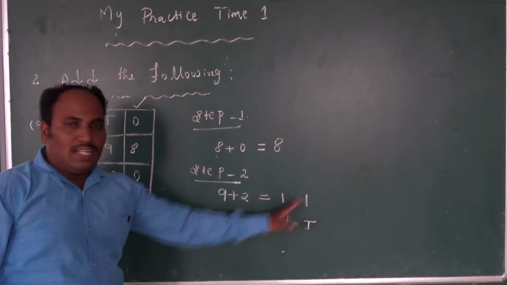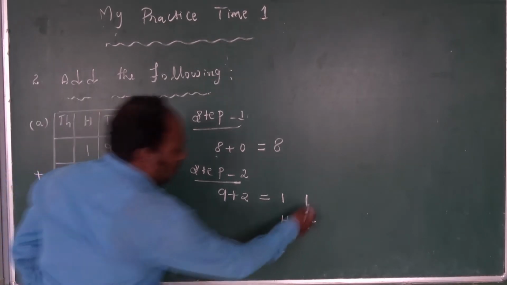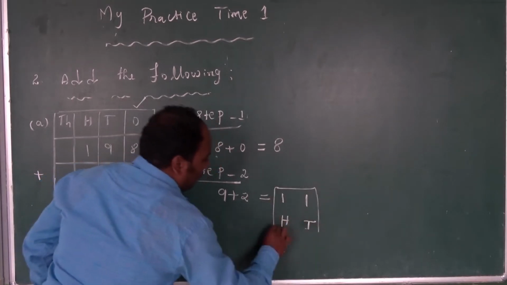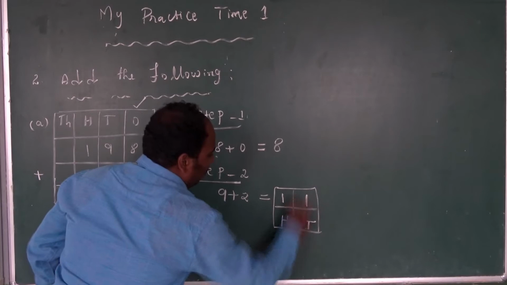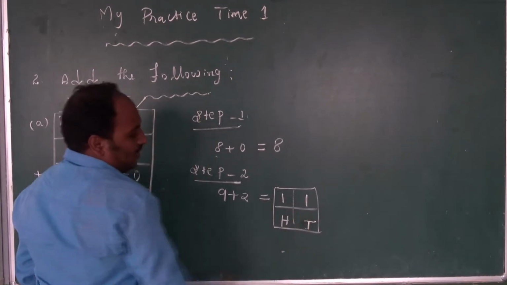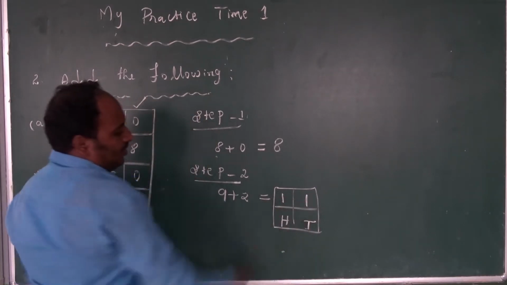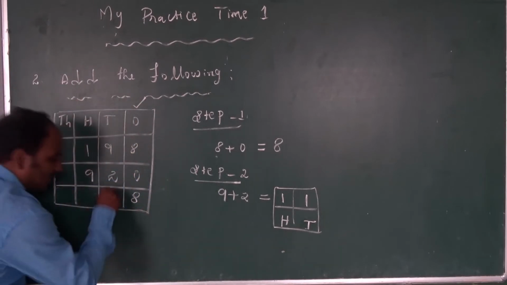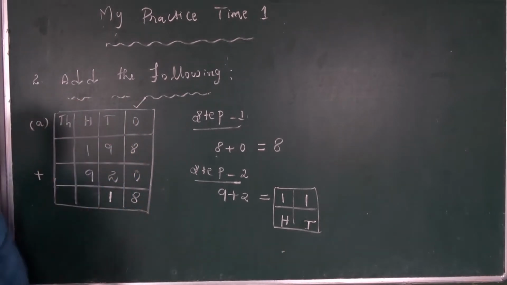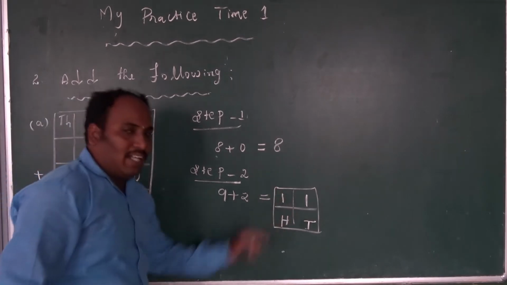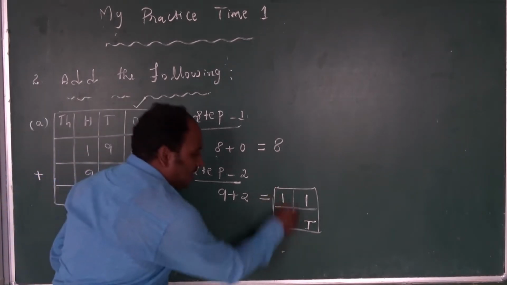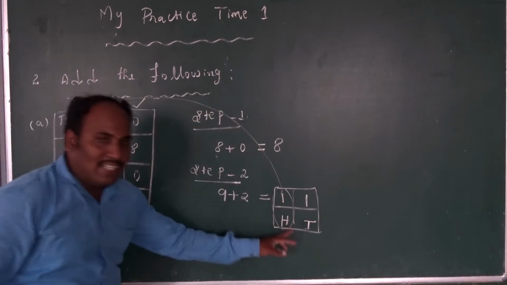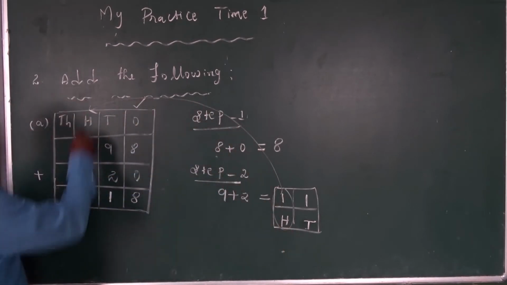So we take the place value, tens and hundreds. 1 ten is written in the tens place. Then 1 hundred is carried over to the hundreds place.